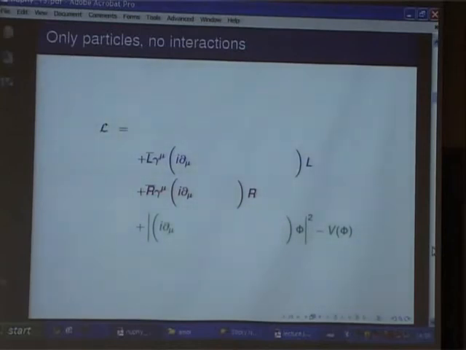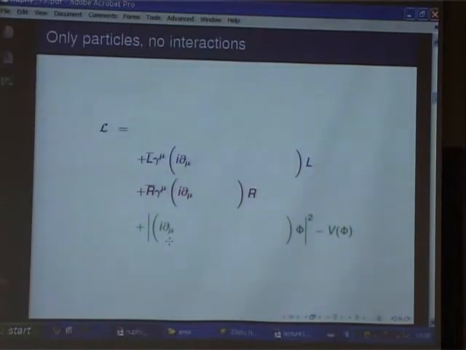So what I've done is blank out everything that we did. So what do we have? This term is L bar gamma mu i del mu L, which is the kinetic term for the left-handed components. R bar gamma mu i del mu R is for the right-handed components.